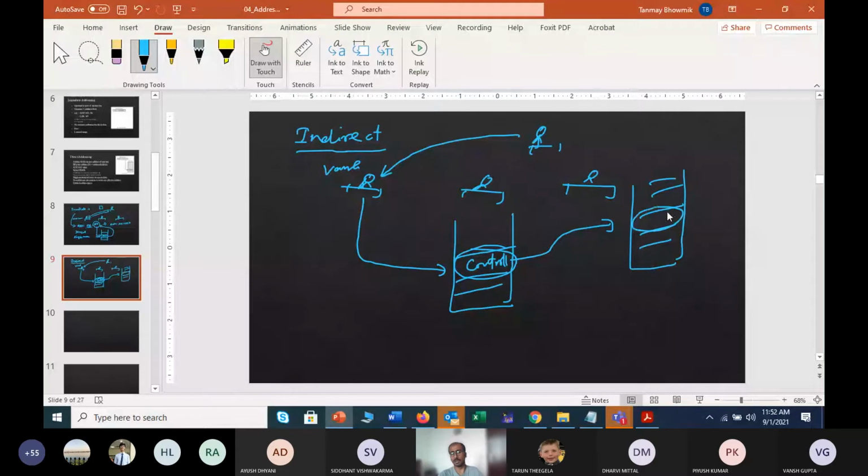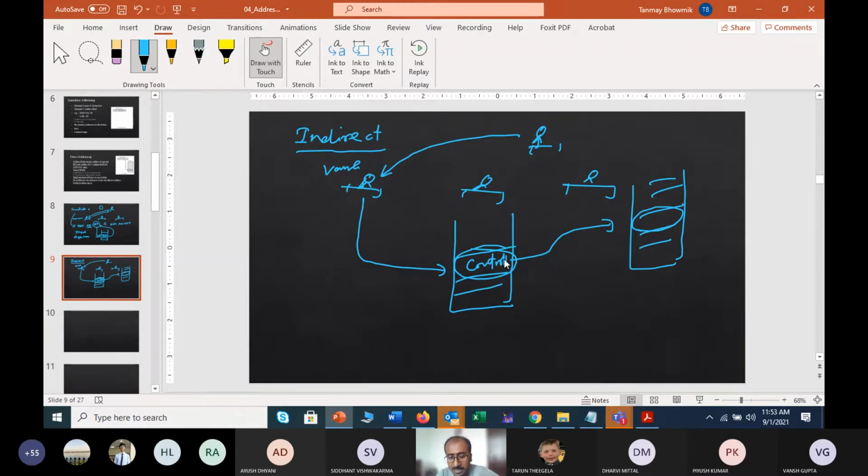Any idea? Or till now, what has the discussion been based on this? Any answer? Any type of answer is welcome. No evaluation, no checking. So be fearless and answer. He rushed to this location. He got another location address stored here.